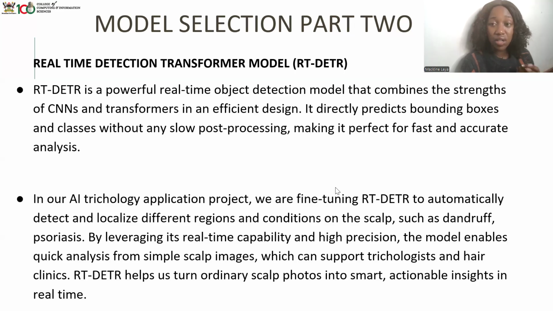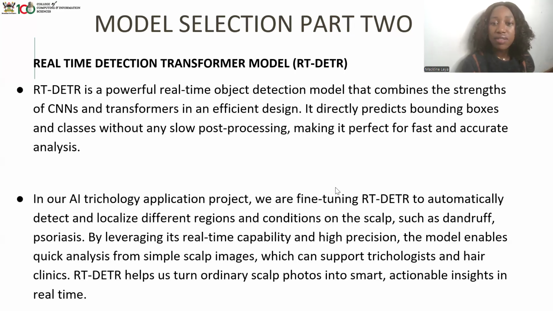For the fact that we are working with object detection, we want to know the boundaries of the regions which are having the scalp conditions. So for every object that is detected, it will be enclosed in a bounding box.